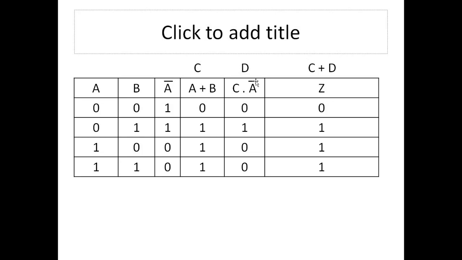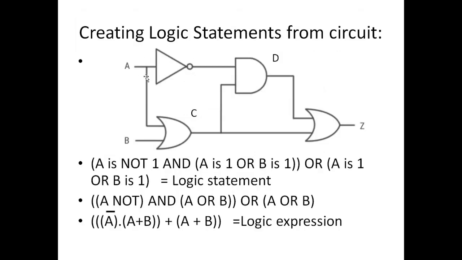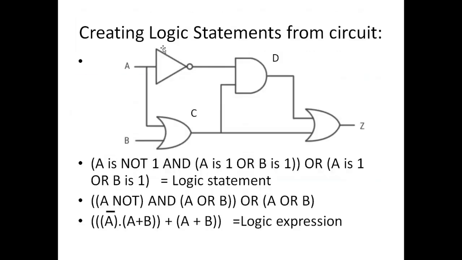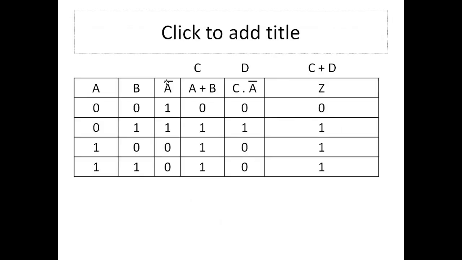First of all, if you have a NOT gate in the circuit, find that first. We have 2 inputs over here, so our table would consist of 4 rows, and it's always easy to find all the NOT gates. Now we have a NOT gate at A, so first we find A bar, which is the opposite of A, so 0 0 becomes 1 1, and 1 1 becomes 0 0.